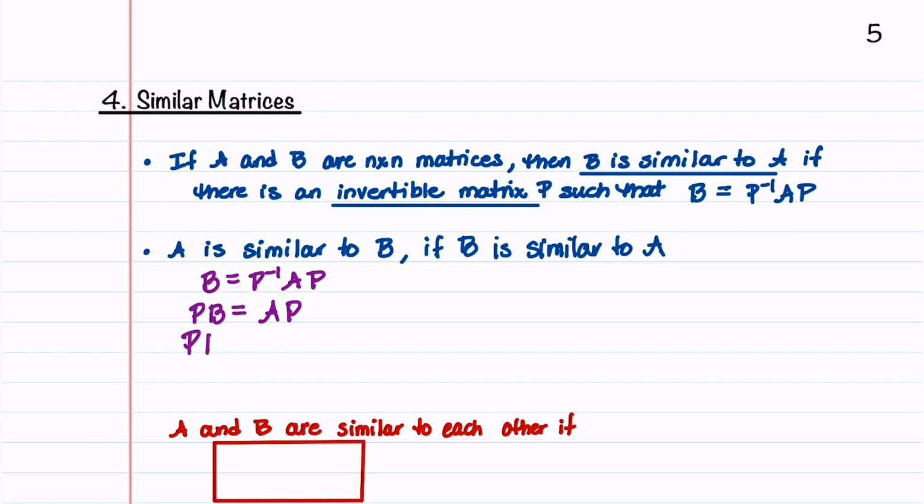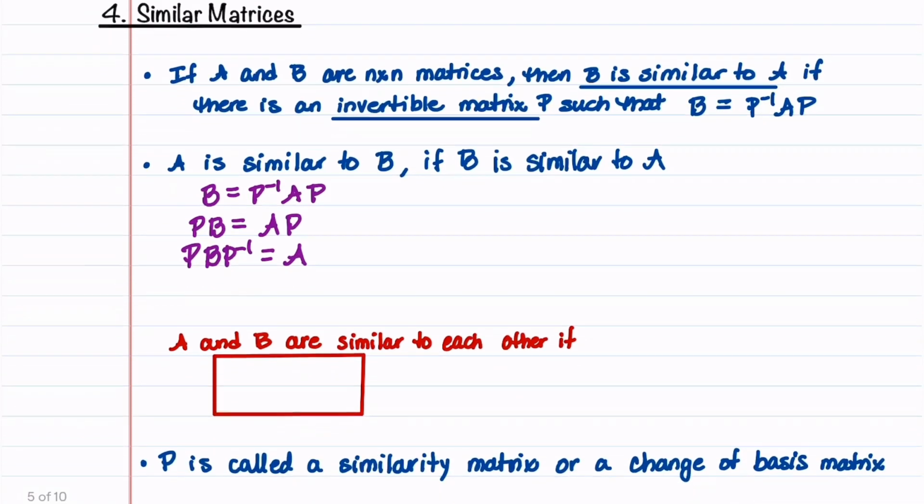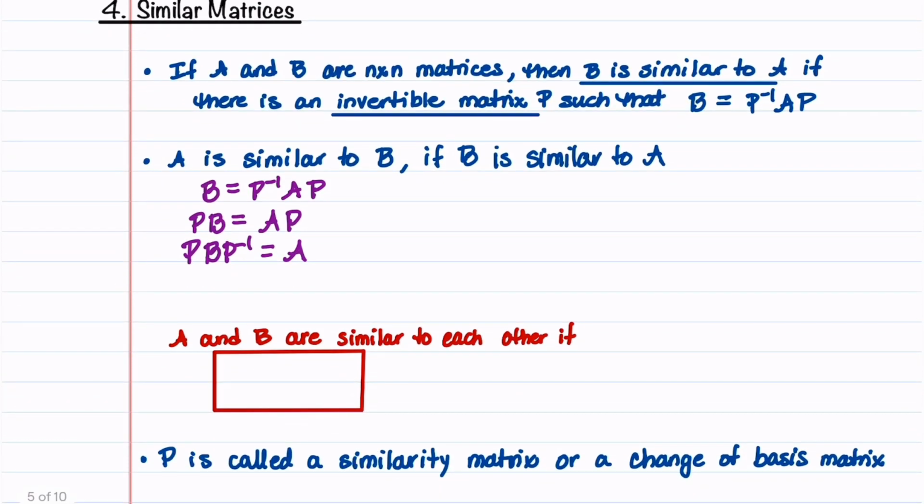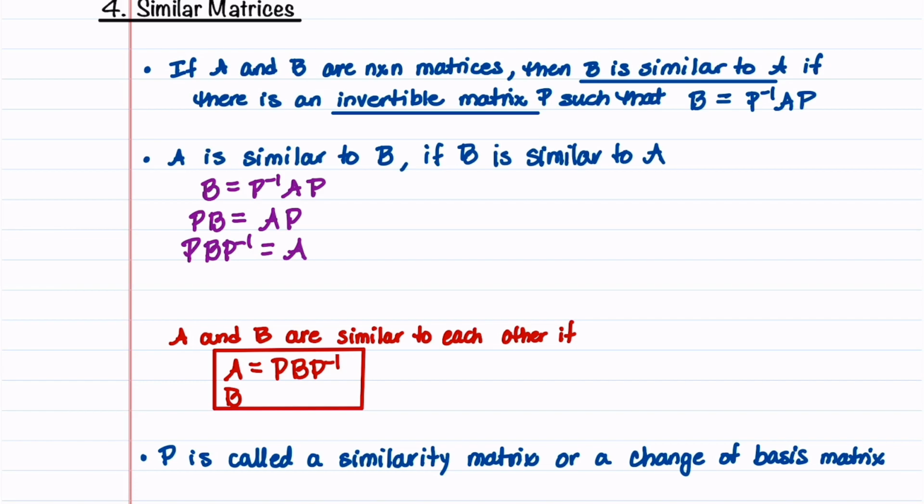So that gives us P B P inverse is equal to A. To summarize, we say that A and B are similar to each other if A is equal to P B P inverse, and likewise B is equal to P inverse AP. We're going to use that when we study diagonalization.